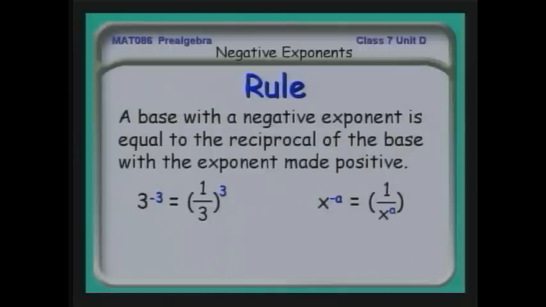X to the minus a is equal to the reciprocal with the a positive, 1 over x to the a. We can write this in the most general way this way. If we have x over y to the minus a, that's equivalent to y over x to the a.